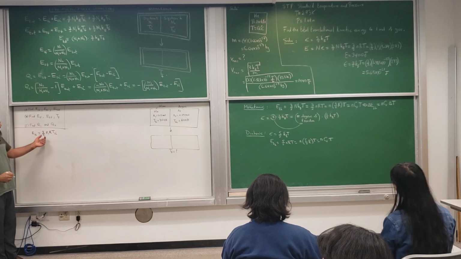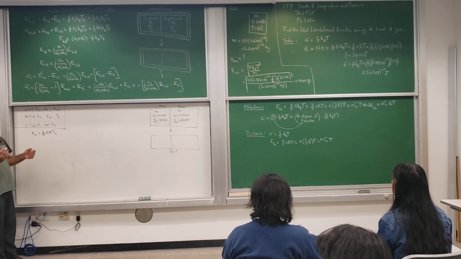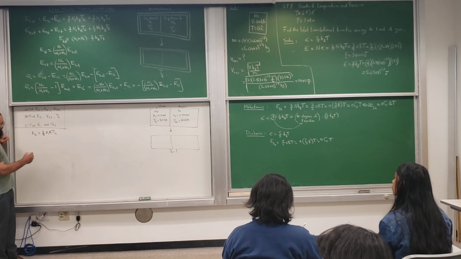See, in this case, it's more convenient to use the number of moles times R instead of the total number of molecules times KB, because I'm given the number of moles. Why would I need to convert it to multiply by Avogadro's number, multiply by KB? So this is more convenient.